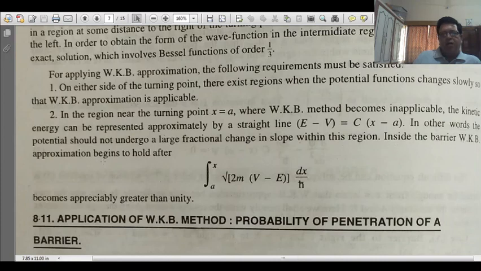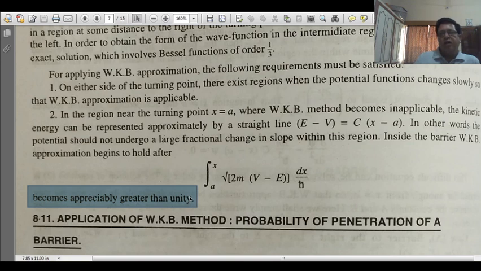Inside the barrier, the WKB approximation begins to hold after the integral from a to x of under root 2m(V minus E) dx upon h-cut becomes appreciably greater than unity.